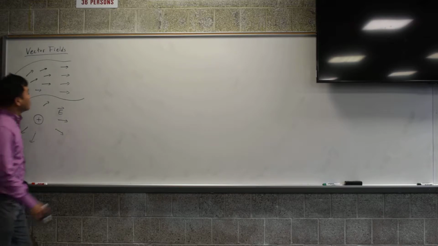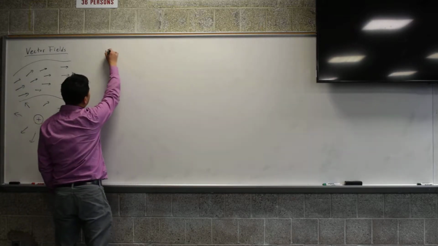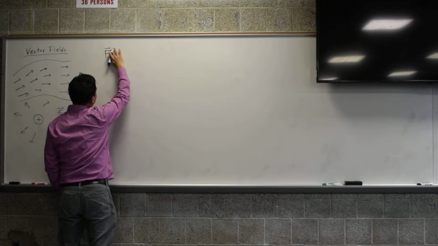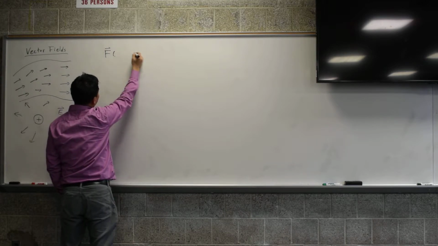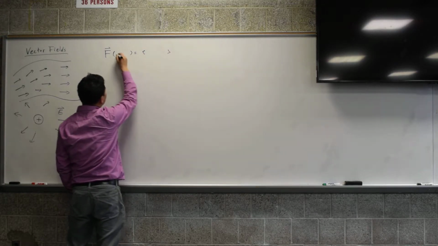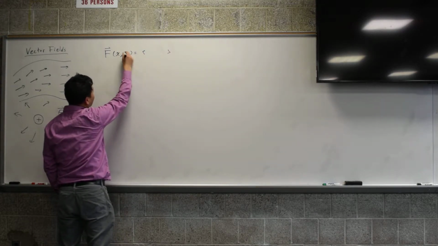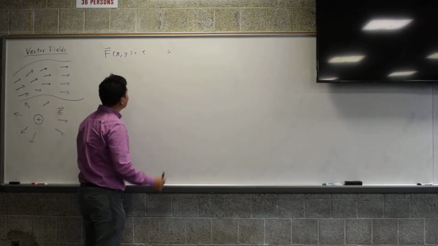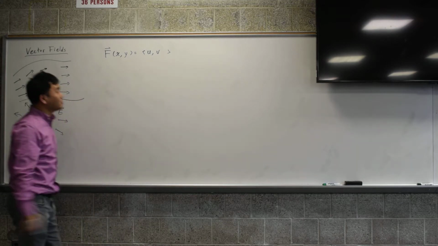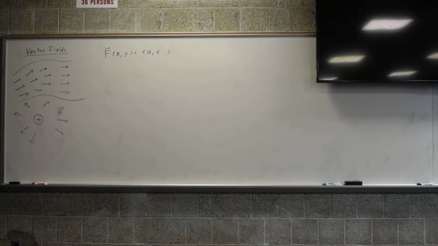Okay? But for us, a vector field is simply a function that gives you back a vector when you plug in a position. So if I plug in the location, I should be getting back a vector. So that will be a two-dimensional vector field.